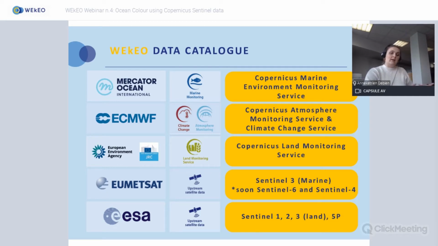ESA, on the other hand, takes care of the land side. So they distribute all of the Sentinel-1 and 2 data and the land data from the Sentinel-3 satellites, as well as the Sentinel-5P atmospheric composition satellite data.